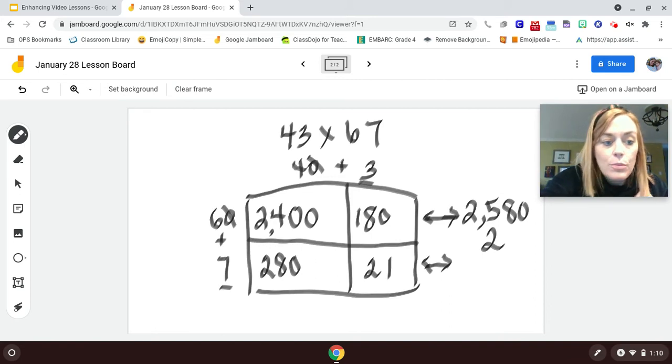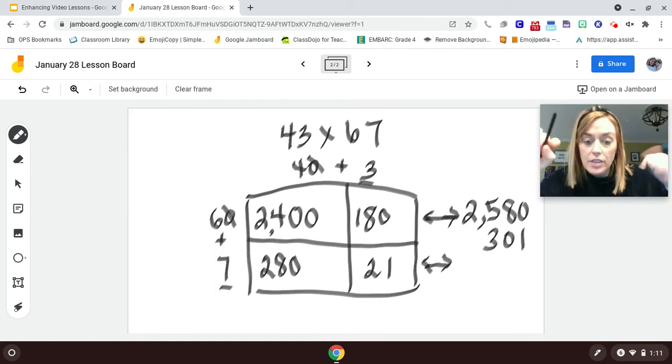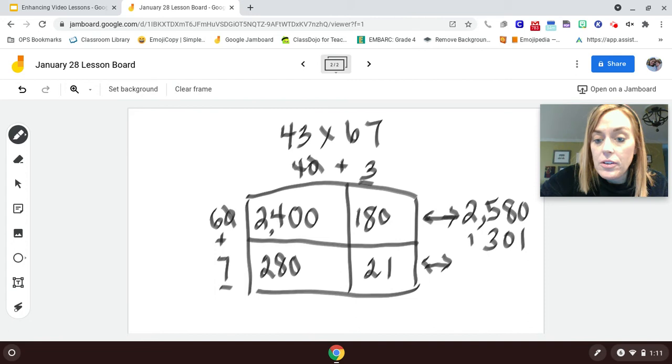So now I have more than 200s, right? I have to go back and erase that. Because if I add 2 more 10s to this, it's going to get me to 300. So now I have 280 plus 21 gets me to 301. I added 2 more 10s, so 280, 290, 300, and then I had 1 I had to add on.